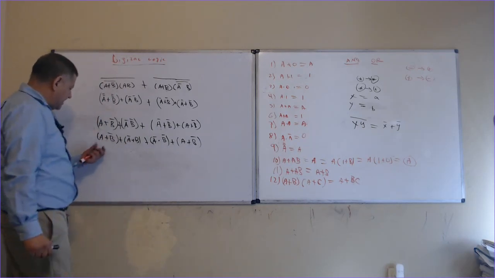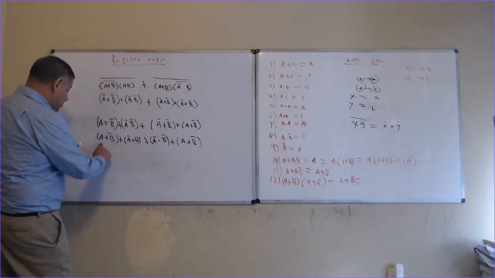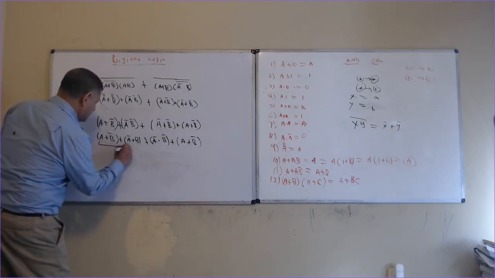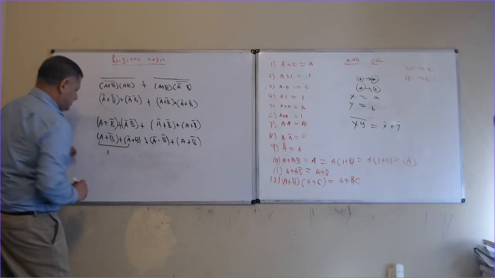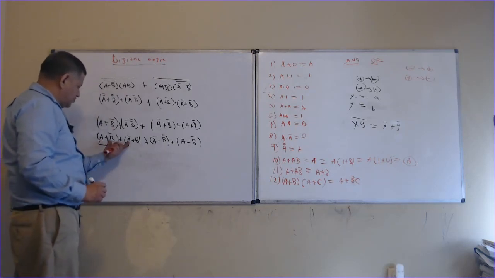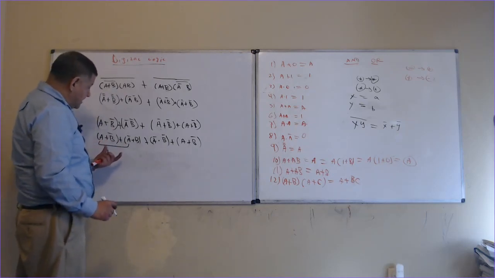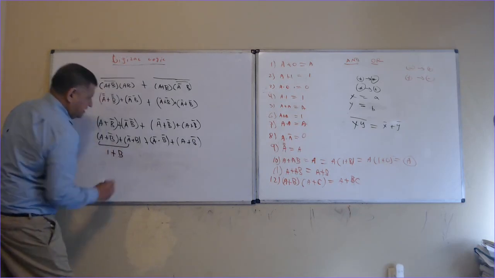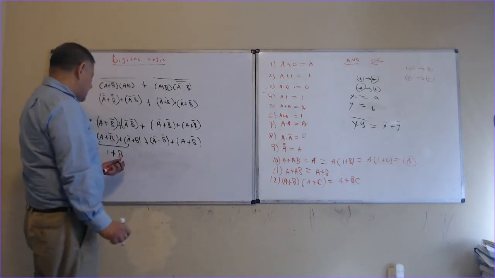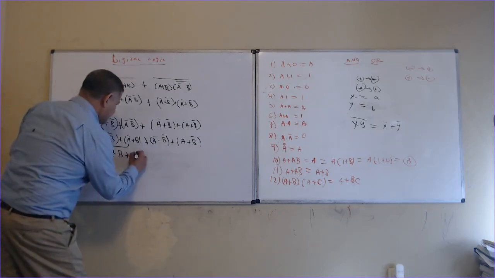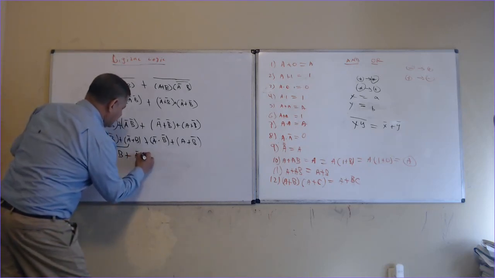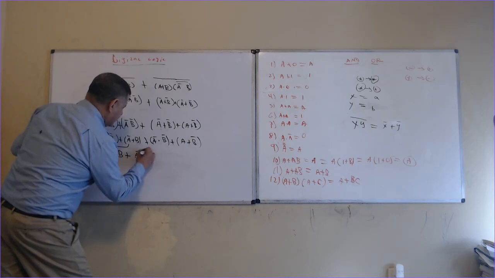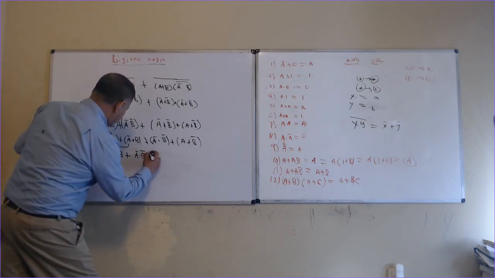So do it again, right? This plus this, we know that is equal to 1, those two, right? And then plus we have a B by itself. Then we said plus not A, not B, right?